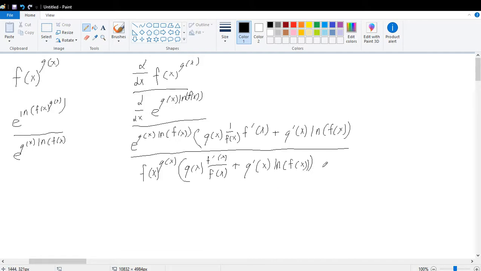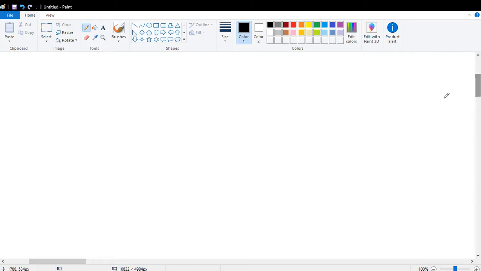So let's go for an example. Keep it pretty simple. We'll just use cosine of x to the sine of x.